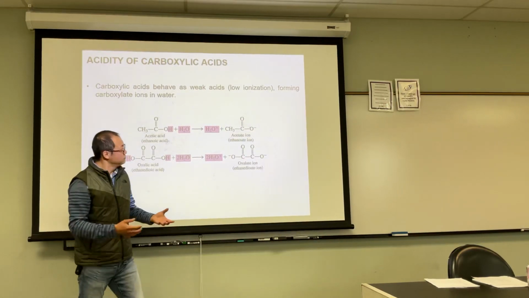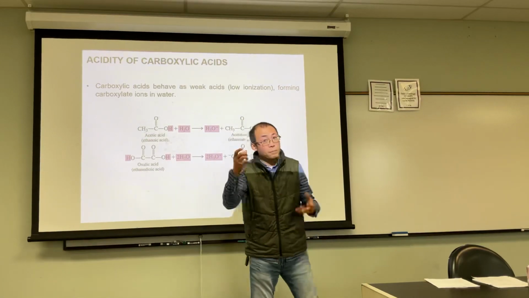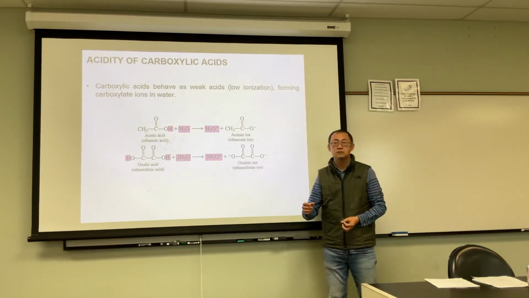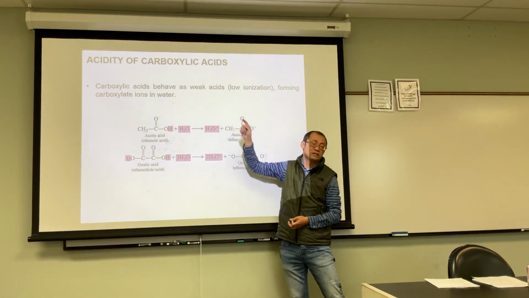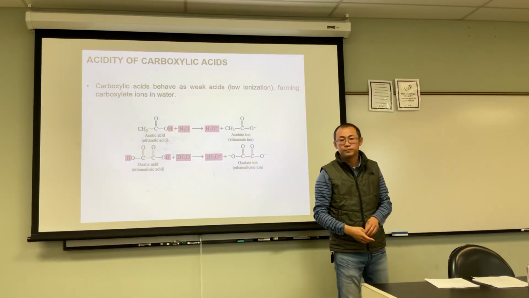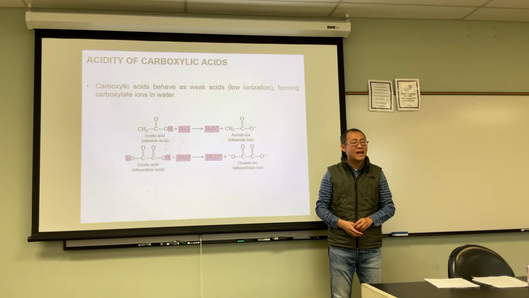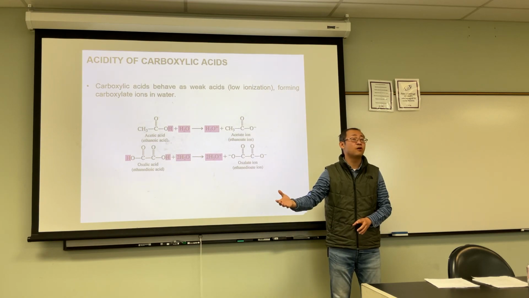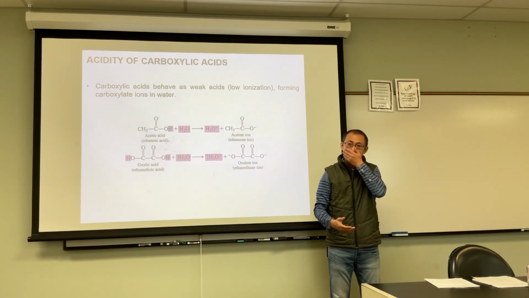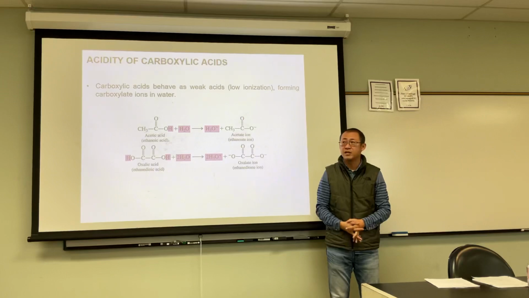Okay, now, in this chapter, I'm going to spend a few more words on the word weak. What is a weak acid? Most organic acids are weak acids, including phenol. We didn't talk much about phenol.